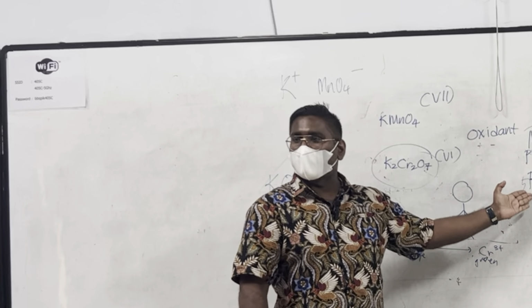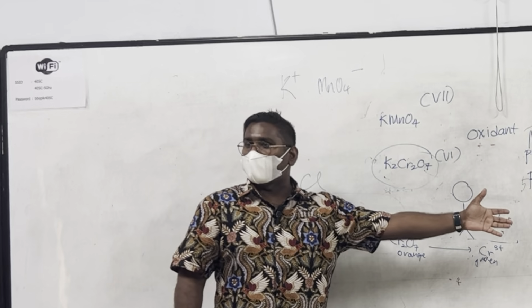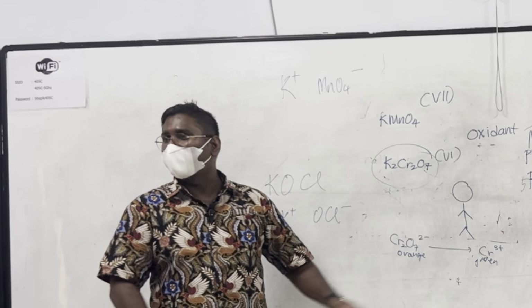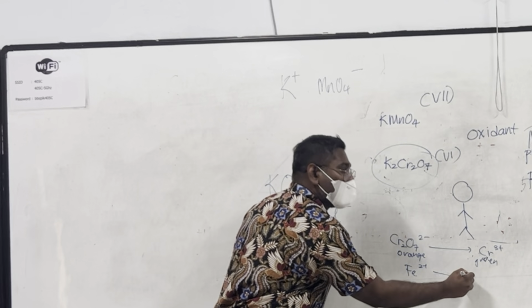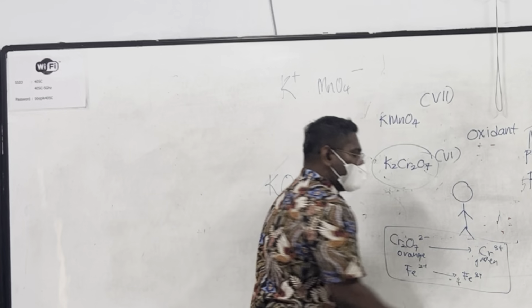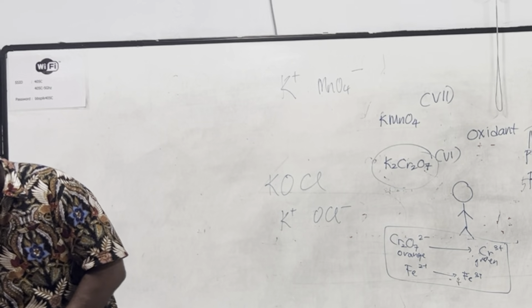You can use Fe2 plus to become Fe3 plus. You try to write the overall reaction like this. This is your work. I will go through this tomorrow. Okay? Done.